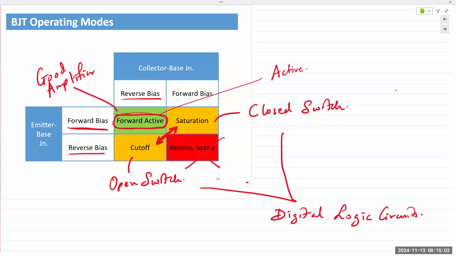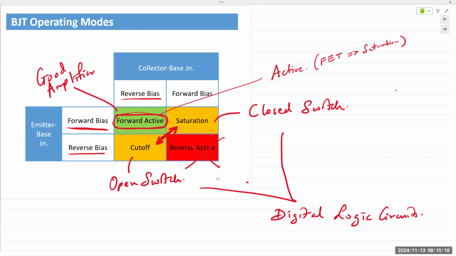When we compare this to the FET characteristics, this active region would be the saturation region in a FET. So it's not the same.